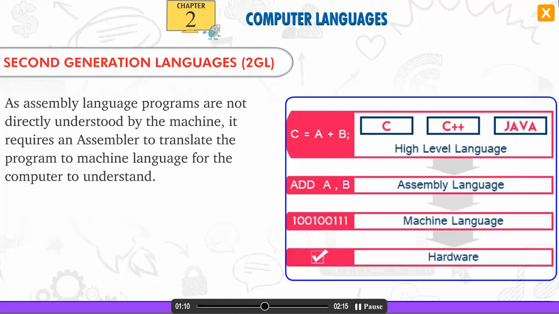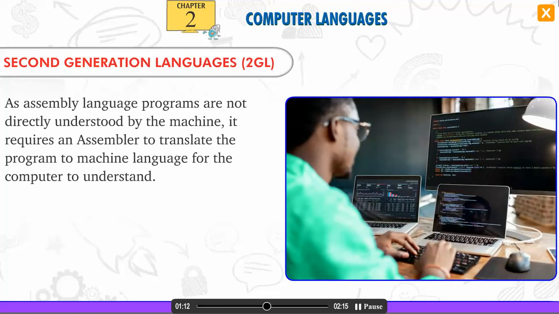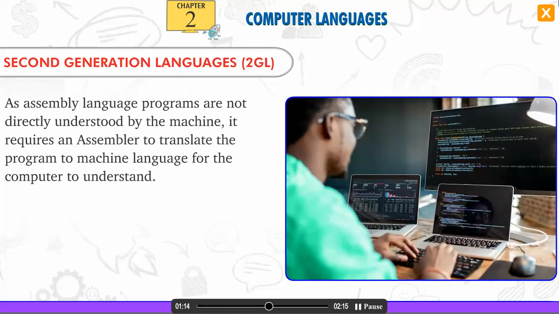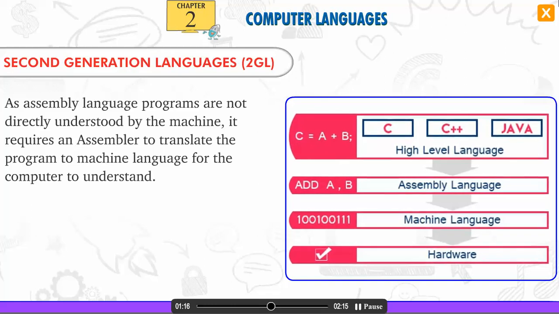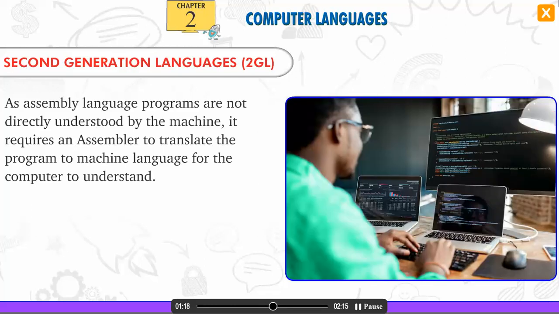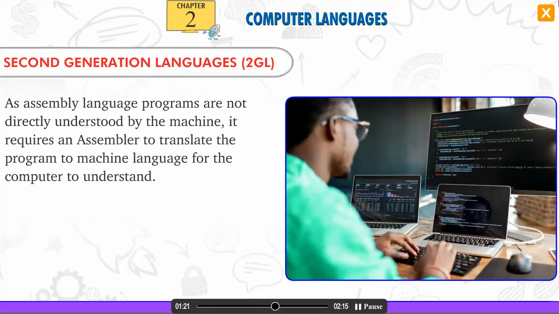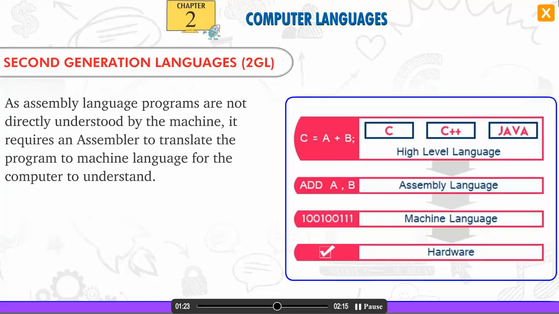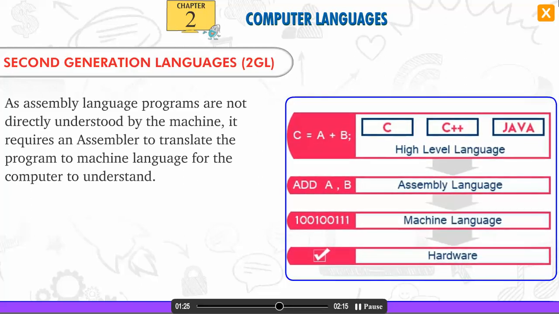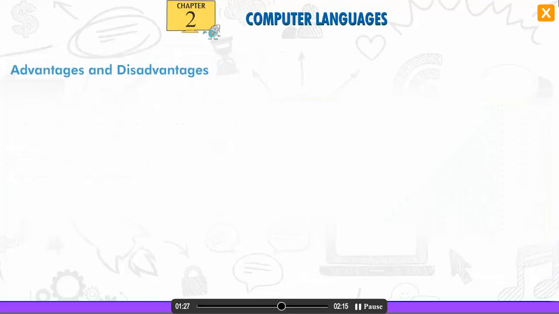As assembly language programs are not directly understood by the machine, it requires an assembler to translate the program to machine language for the computer to understand.